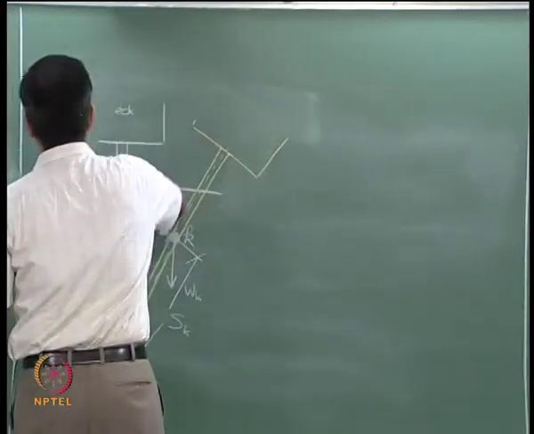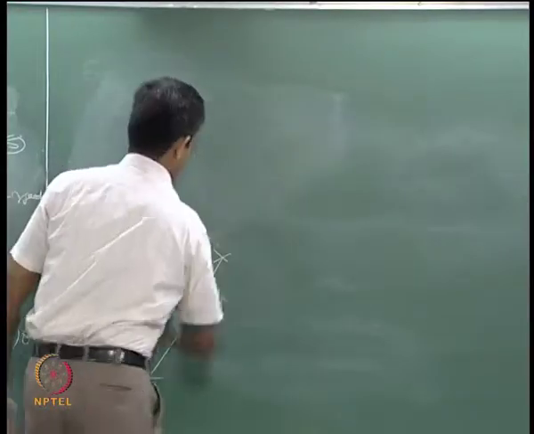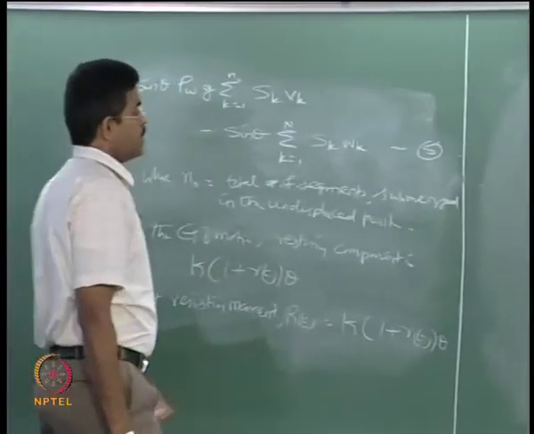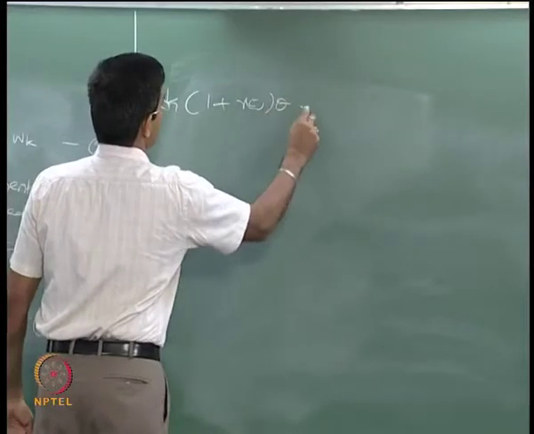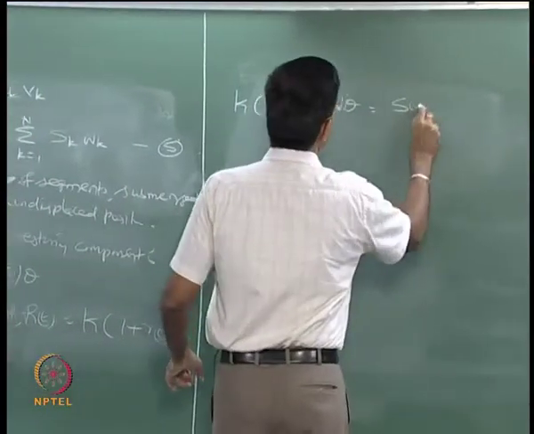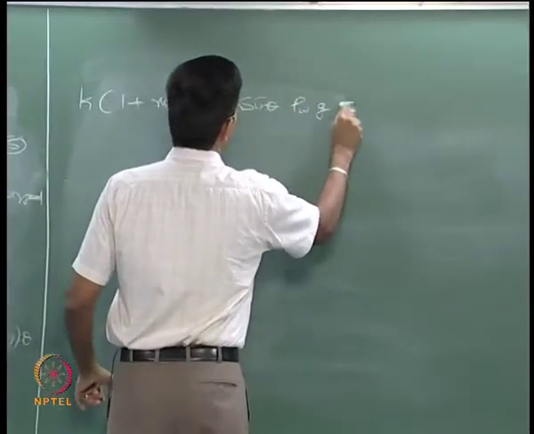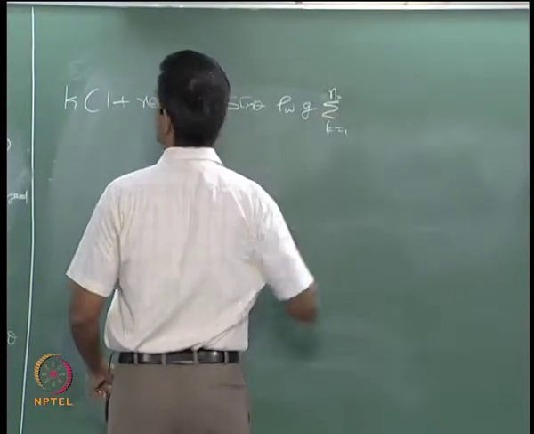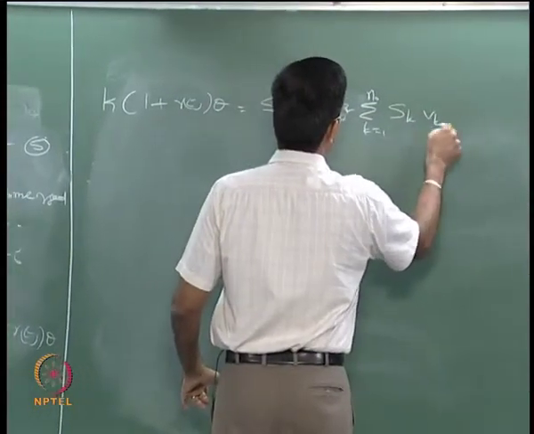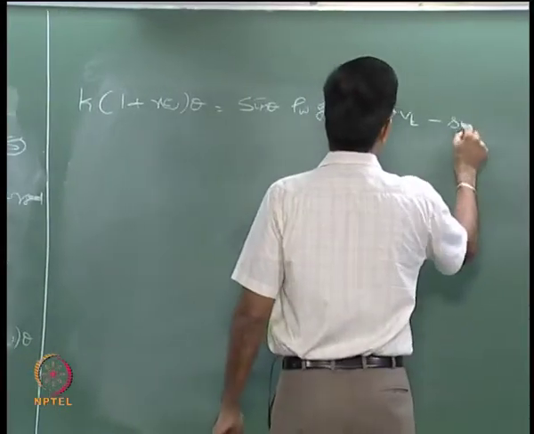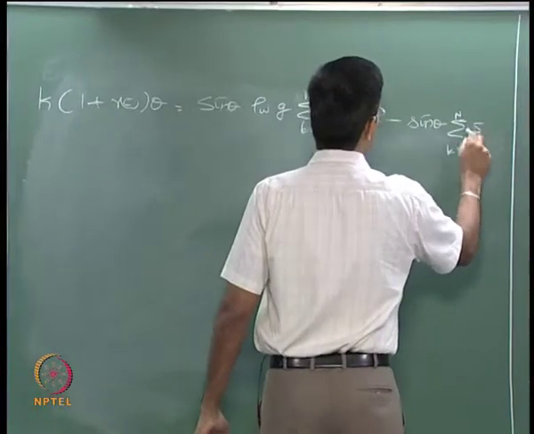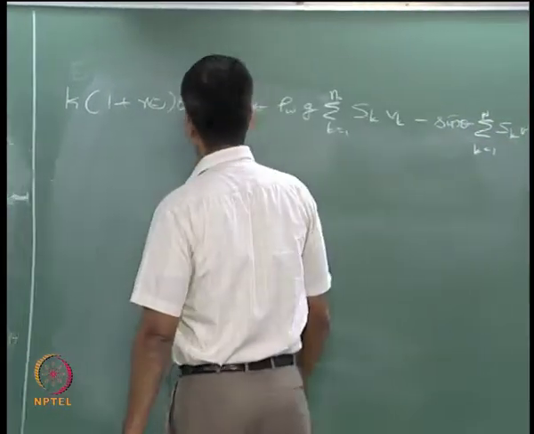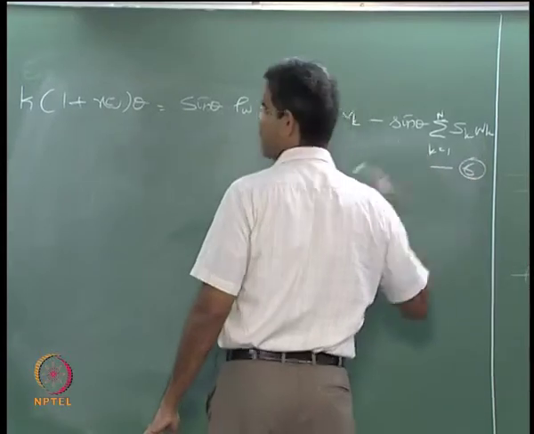Let me write that k of 1 plus mu of theta should be equal to sin theta rho wg sum of k equals 1 to n naught Sk Vk minus sin theta sum of k equals 1 to capital N of Sk Wk. I call this equation number 6.